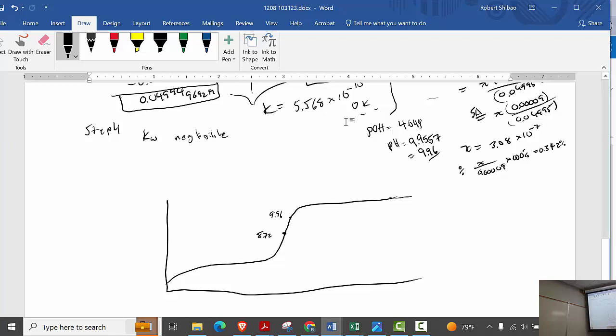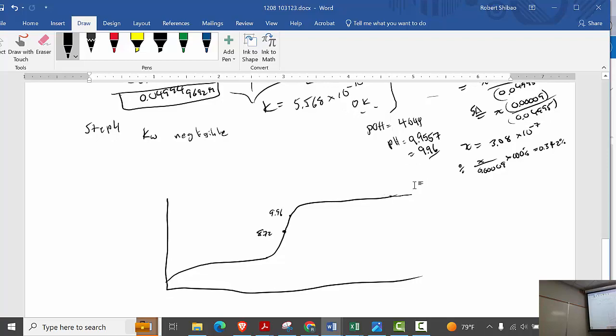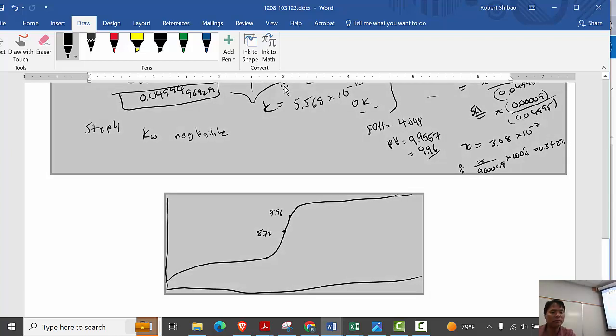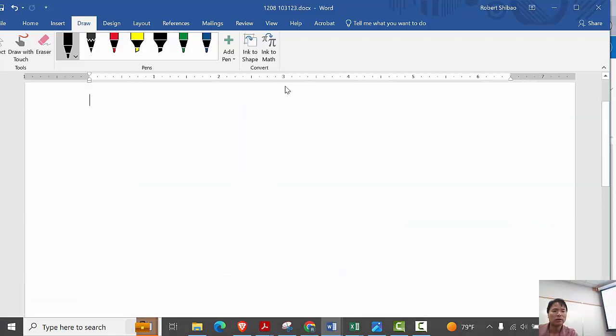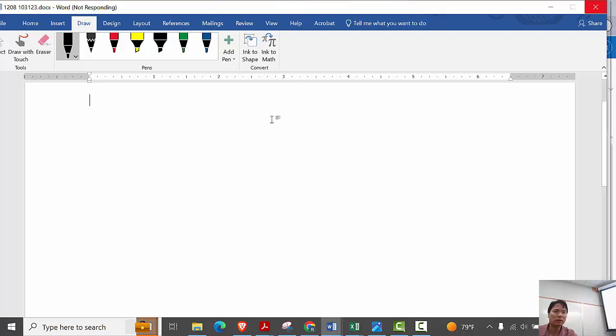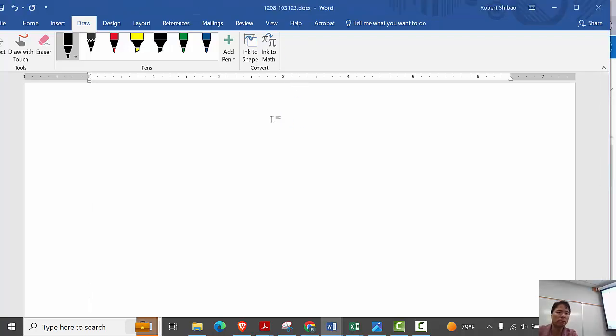So it's that. Those are the calculations for the different regions of the monoprotic weak acid plus strong base titration.